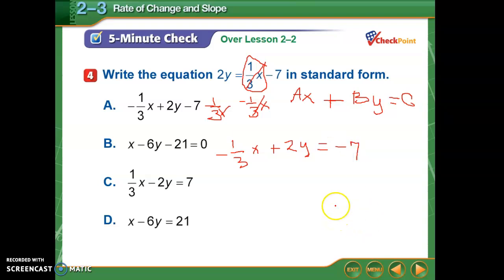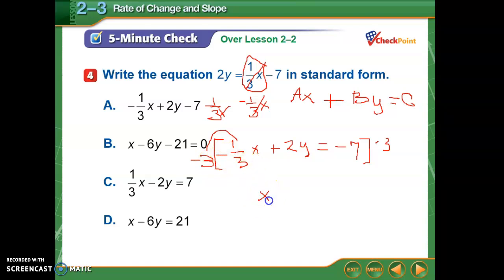And then always get rid of the fraction by multiplying by its multiplicative inverse, which is the flip. What's the flip of 1/3? Just multiply both sides by 3, or negative 3 to make your a positive. And then you distribute that. This cancels out.